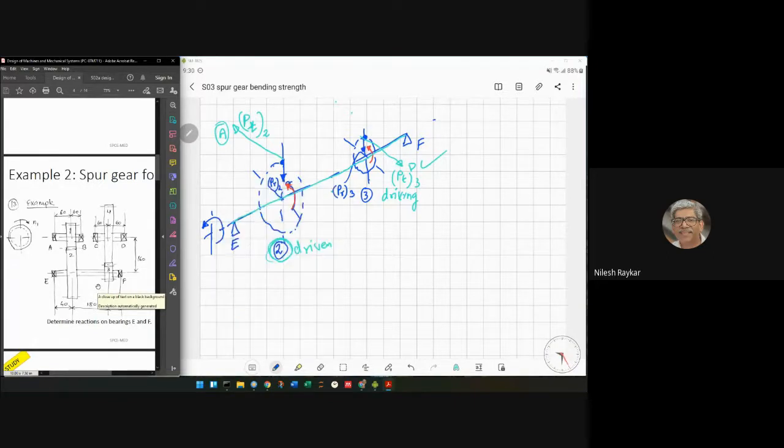So in this particular case, we will resolve it, first into the horizontal plane.